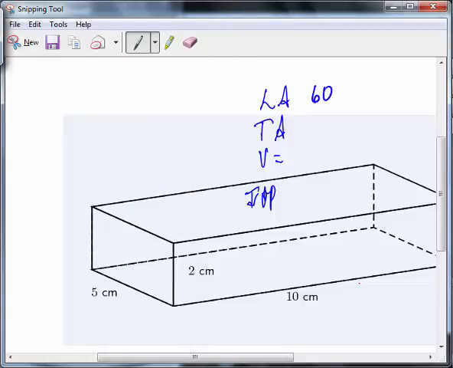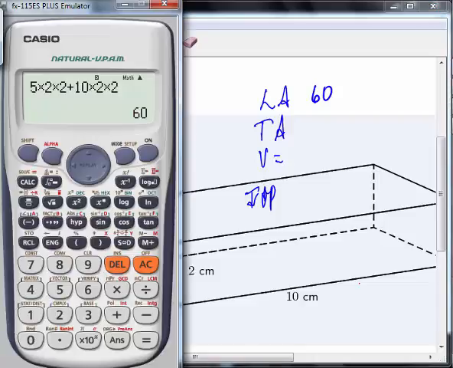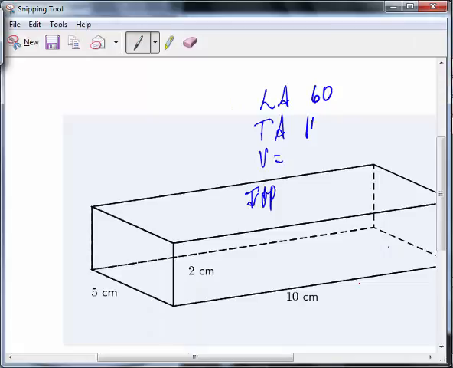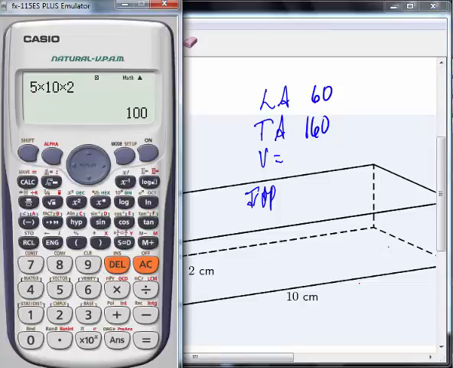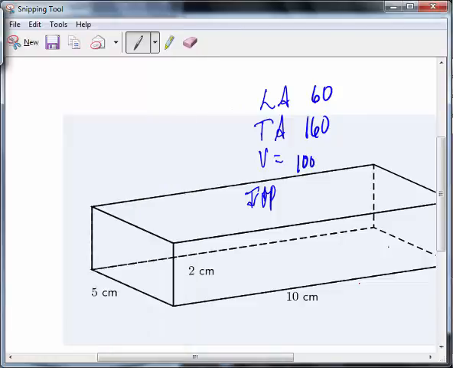The total area, we're going to add to that the area of the top, which is 5 by 10, but there's 2 of them, and so that'll be 100, so the total area will be 160, excuse me, and the volume is pretty easy too, 5 times 2 times 10. So the volume is 100 centimeters cubed, centimeters squared, centimeters squared.